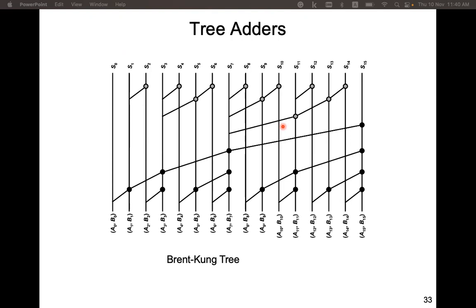If we look at the A bits here, this dot is like the P and G generation signal before. Say we need to generate S7, the last bit here.